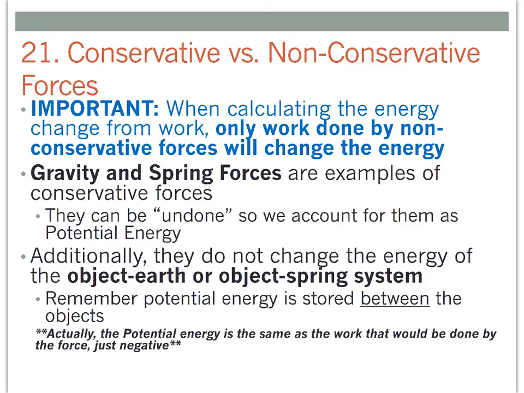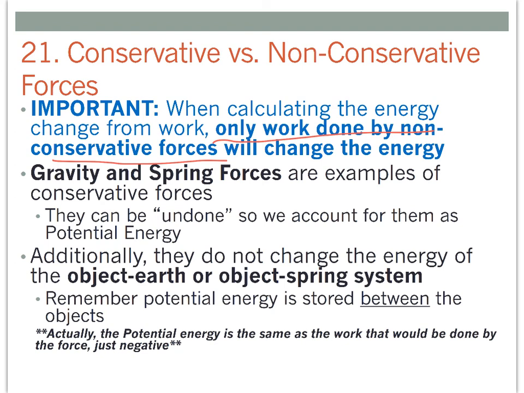So this is a really important point when you're doing that conservation of energy equation. When calculating the work, the changes in energy from work, we only are going to consider the work done by non-conservative forces. Gravity and spring forces, and these are the two big ones, are conservative forces. They can be undone. The work done by gravity, the work done by spring forces, can be undone.